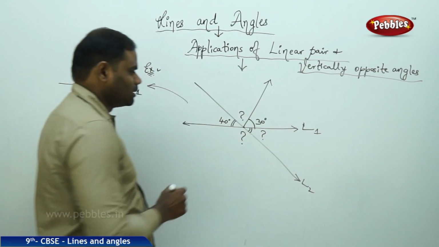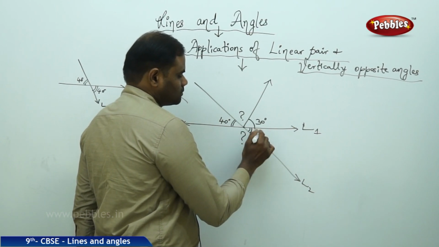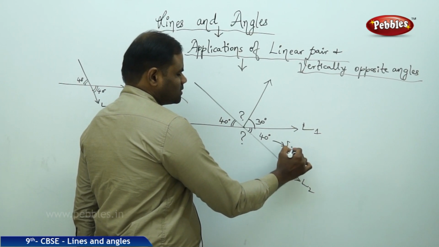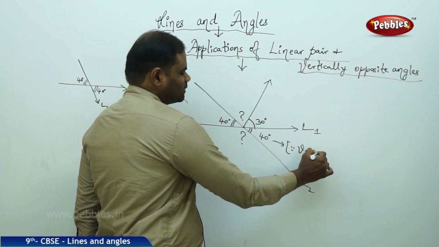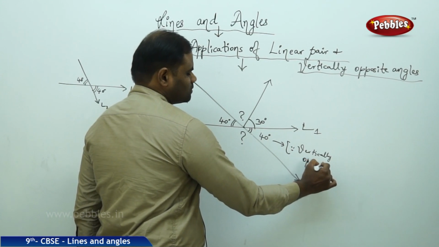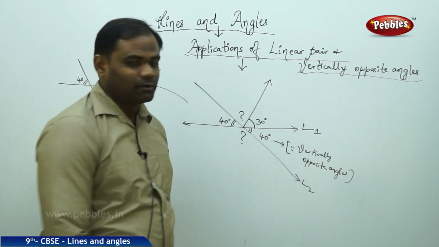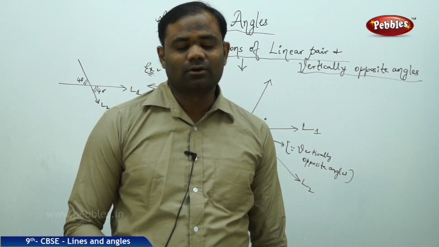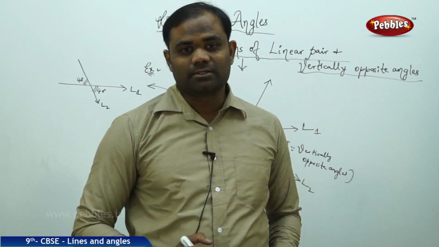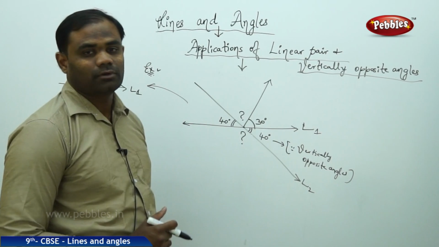Therefore, this angle must be 40 degrees, since they are vertically opposite angles, and vertically opposite angles are always equal in a pair of intersecting lines. So this equals this, being 40.